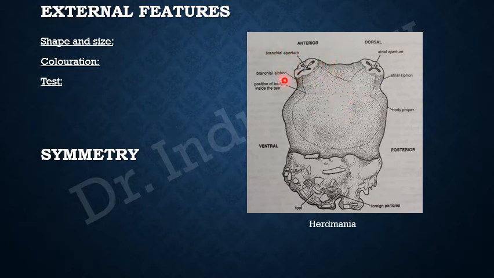Now the branchial aperture is guarded by 4 lips. You can see 1, 2, 3 and 4. These are 4 muscular lips formed by the muscles, and even the atrial aperture is guarded by 4 lips.